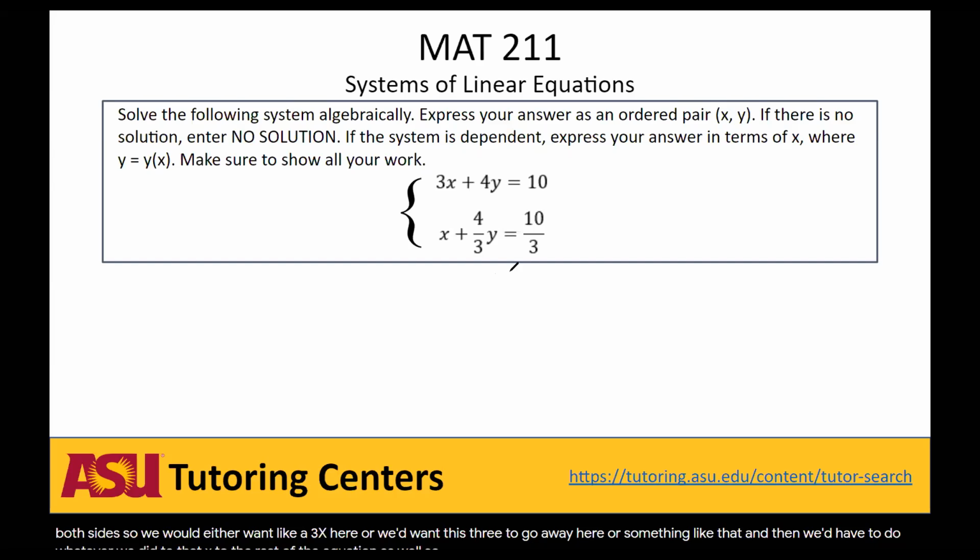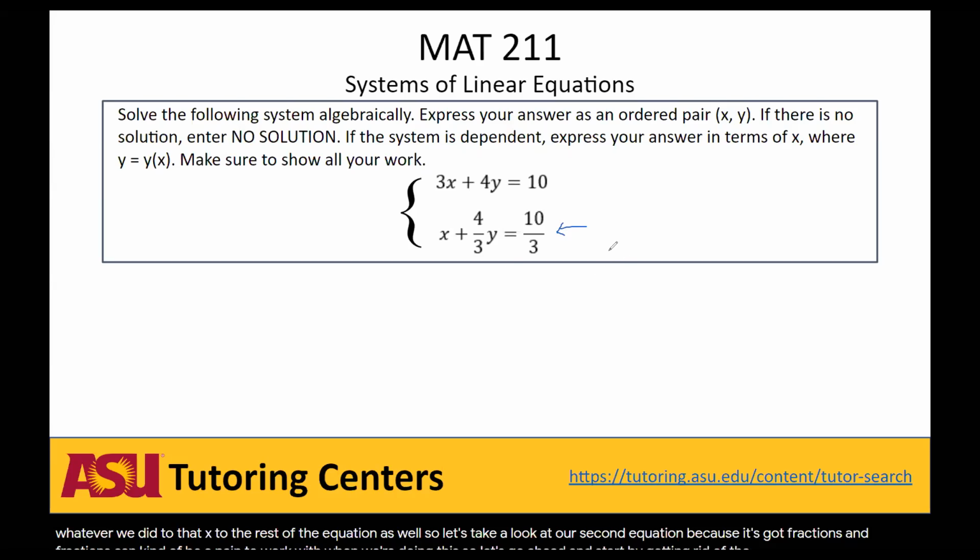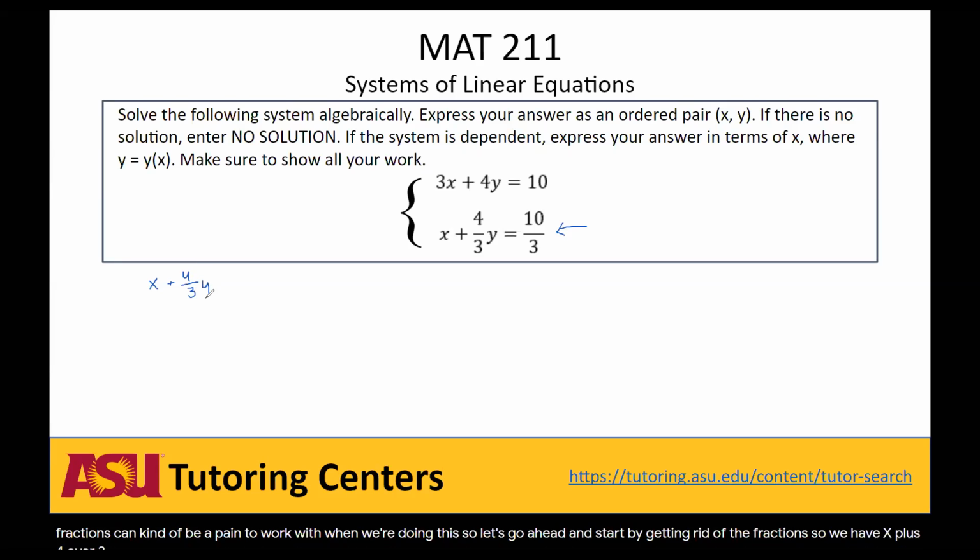So let's take a look at our second equation because it's got fractions, and fractions can kind of be a pain to work with when we're doing this. So let's go ahead and start by getting rid of the fractions. So we have x plus 4 over 3y equals 10 over 3. And we see that we have a 3 in the denominator in both of these.